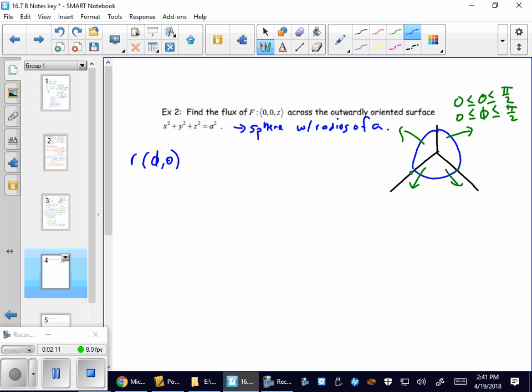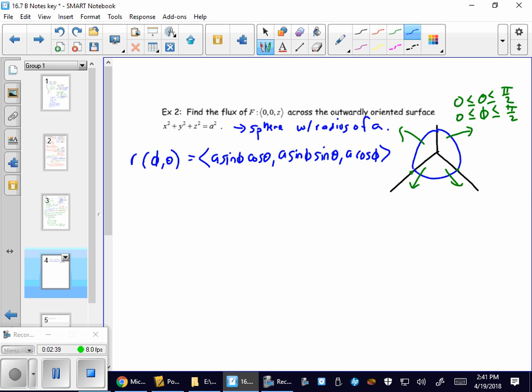So x in terms of phi and theta, just spherical coordinates, is a sine phi cosine theta. Y is a sine phi sine theta. And z is a cosine phi.